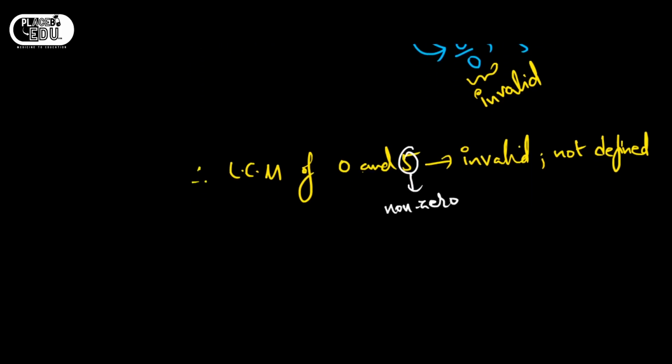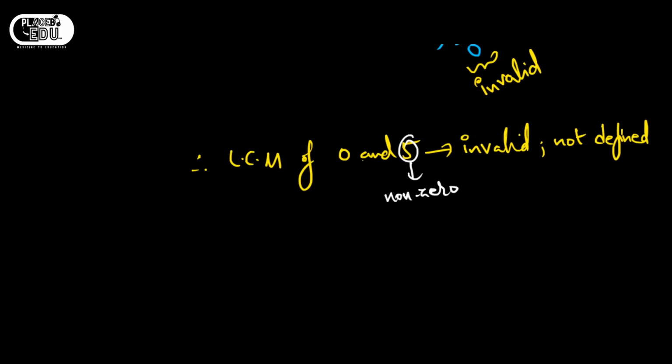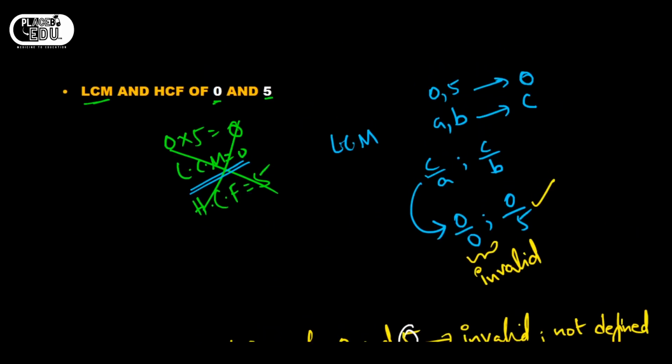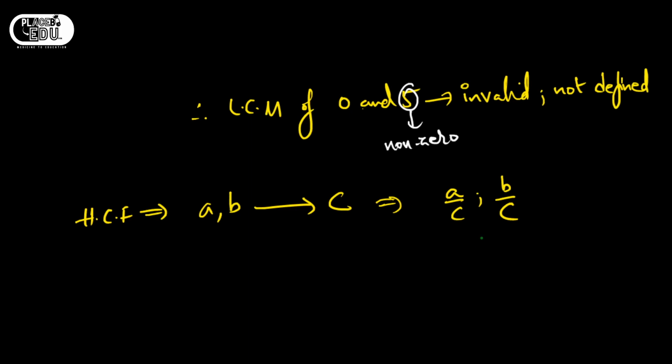And the next one is HCF. Coming to the definition of HCF, whenever A and B are there, let the HCF of A and B be C. Now what we have to check is that A by C is valid and B by C is valid. Understand? See the difference. Here it is C by A and C by B. For the LCM, the common number is in the numerator. Here the HCF is in the denominator.